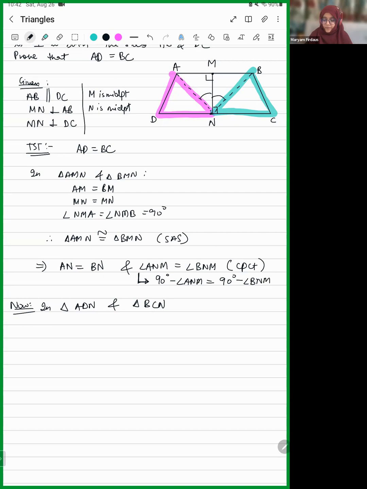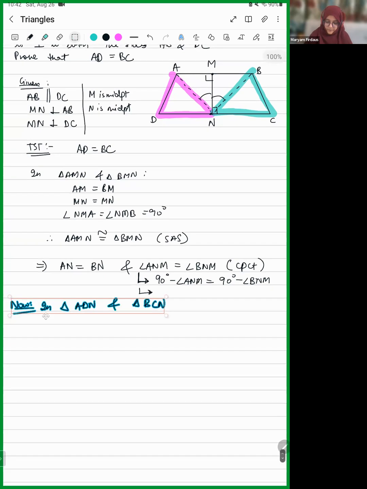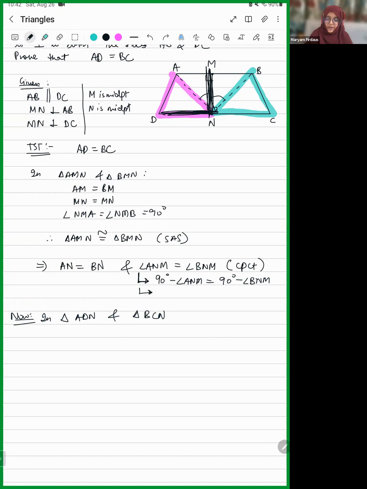And 90 minus ANM, because this angle is 90, will give you this remaining angle, which is angle AND. So angle AND is equal to angle BNC.